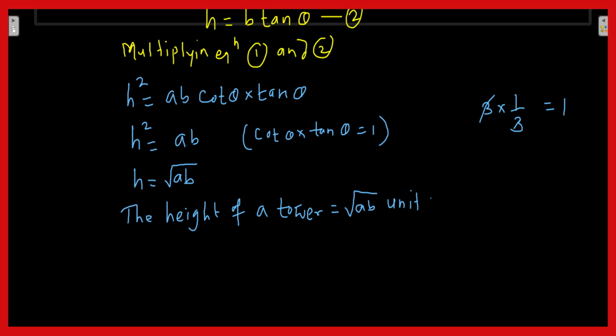The unit may be whatever it may be, meter, centimeter or kilometer or anything. Now here the height of the tower is root of AB, and that only we have to prove, and hence we have proved that the height of the tower is root of AB units. Now let us move to the next question.